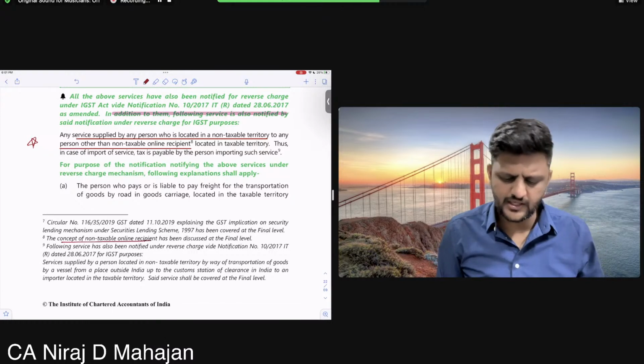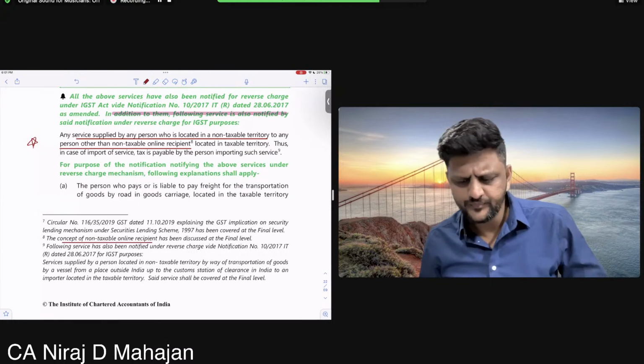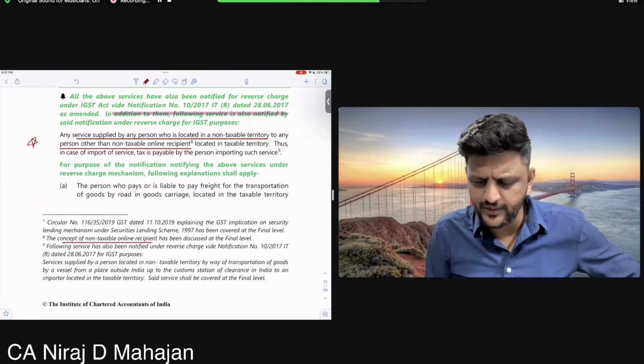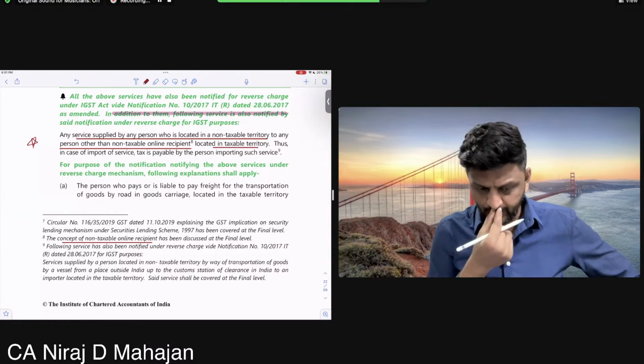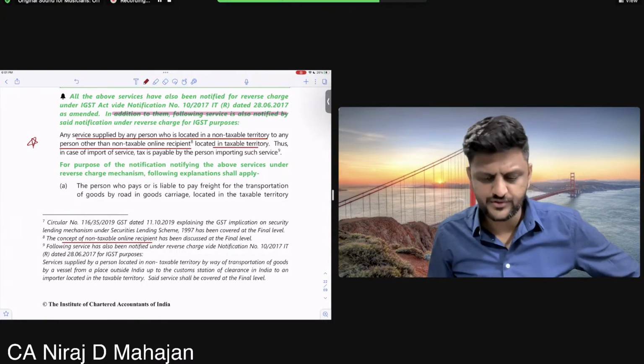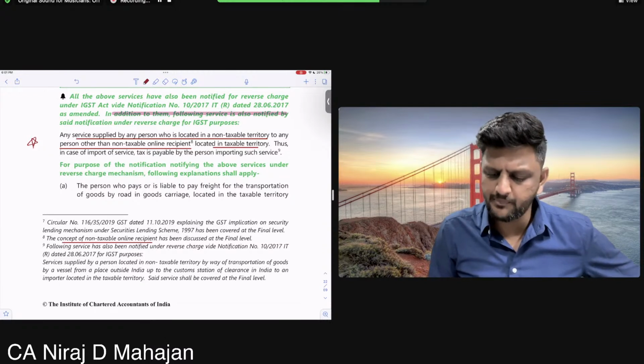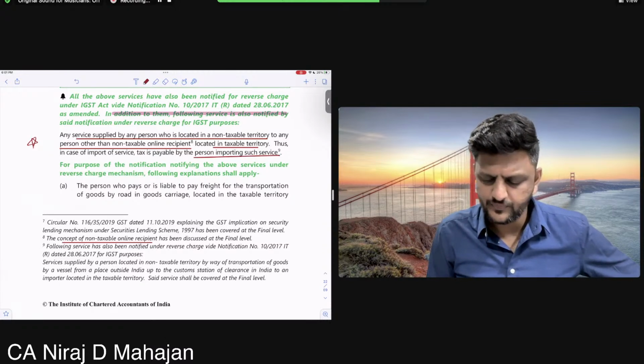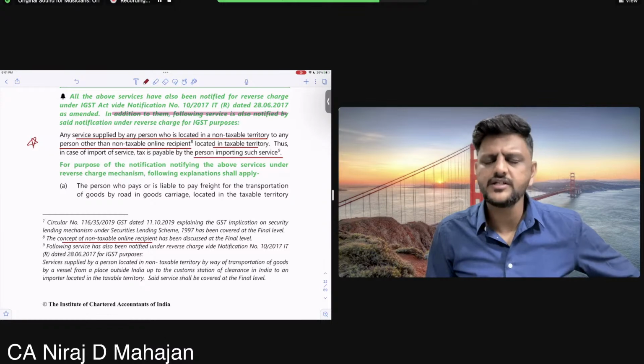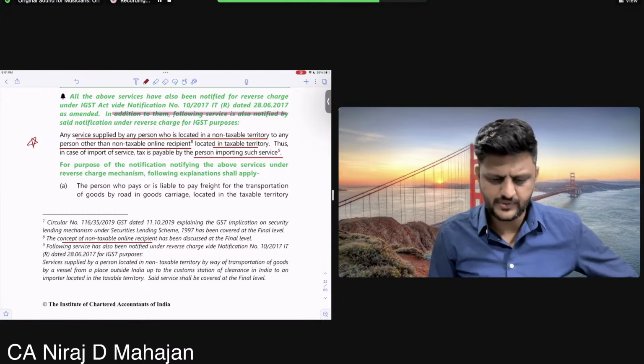The concept of non-taxable online recipient: located in taxable territory in India. Thus, in case of import of service, tax is payable by the person importing such service. IGST, on reverse charge basis.